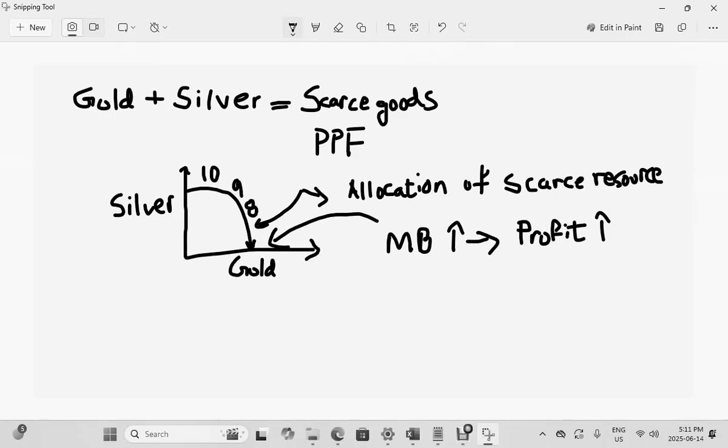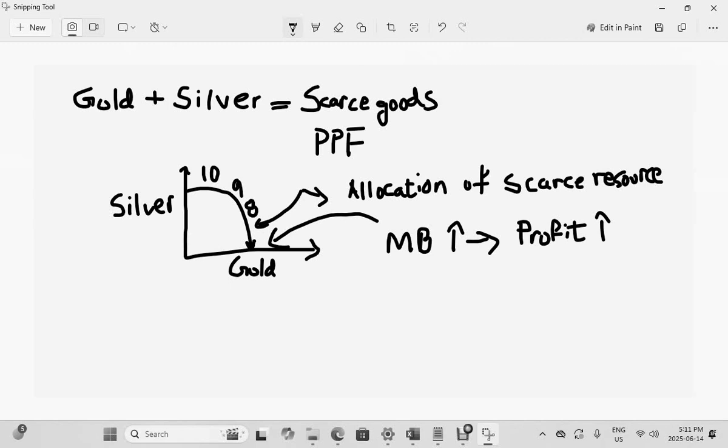As a result, the company will have to decide whether to use a certain tool towards their gold mining camp versus using the same tool towards their silver mining camp. So this has to do with allocation of goods.